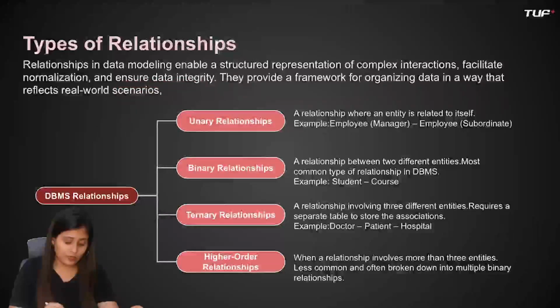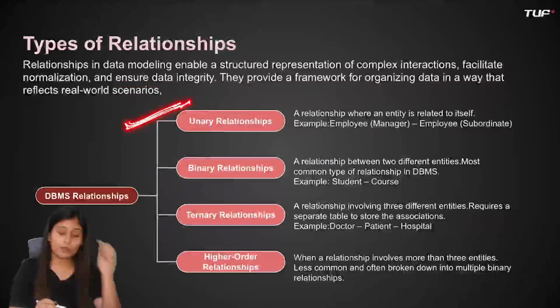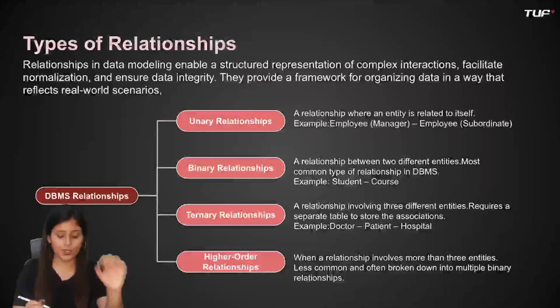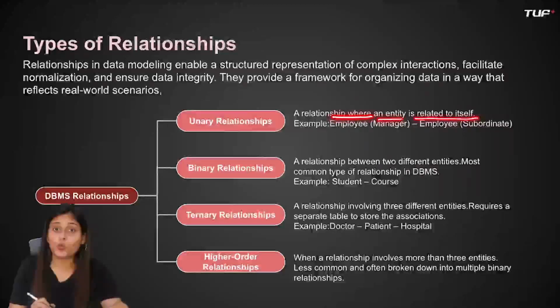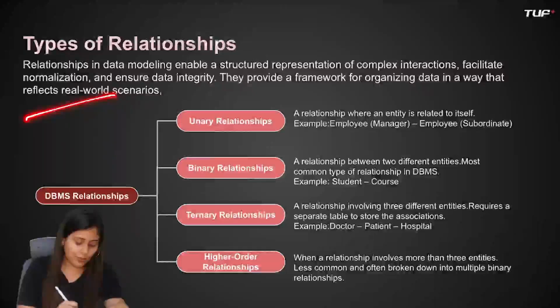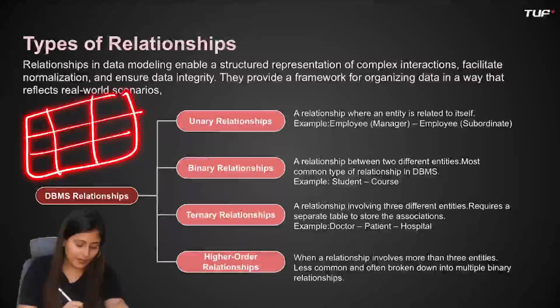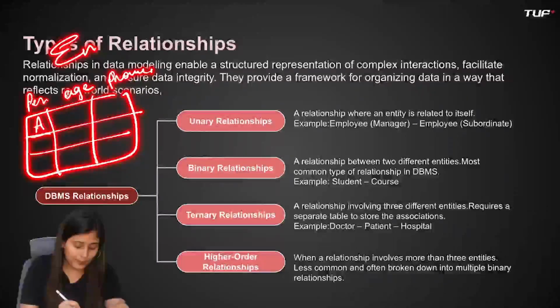So basically out of these four different types of relationship, the very first is unary relationship. Unary relationship means this is a type of relationship where an entity is related to itself. So let's suppose we have a table with person name A, age and mobile number, and this is the table for employee.